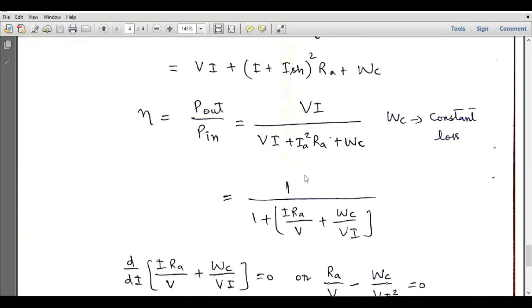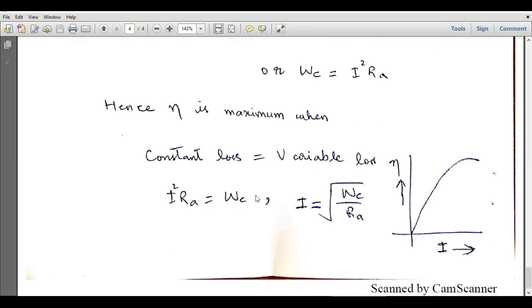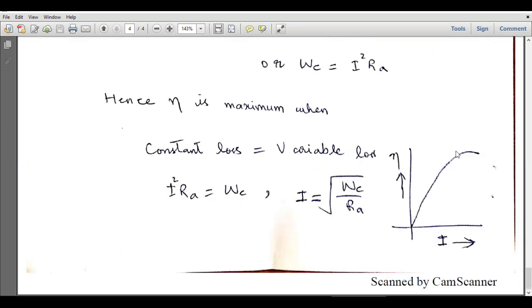So this expression can be evaluated very easily in MATLAB, and we will see that we are getting such a profile of the efficiency with respect to the current. So when our current is equal to square root of WC over RA, at that point our efficiency will be maximum, and that mathematical expression of this current is actually lying at some point over here. So this is equal to this current I max, right? So this expression is equal to the current over here, and at this point our efficiency will be maximum.